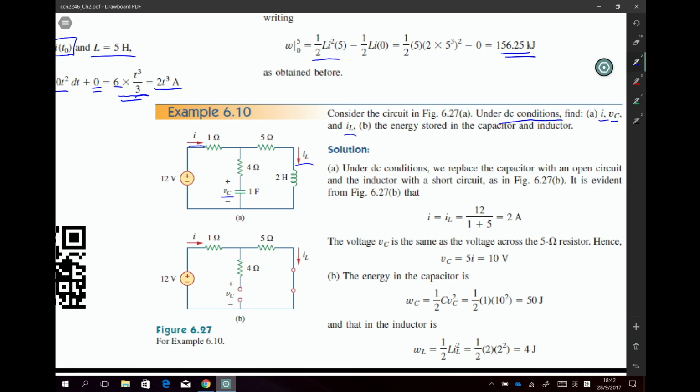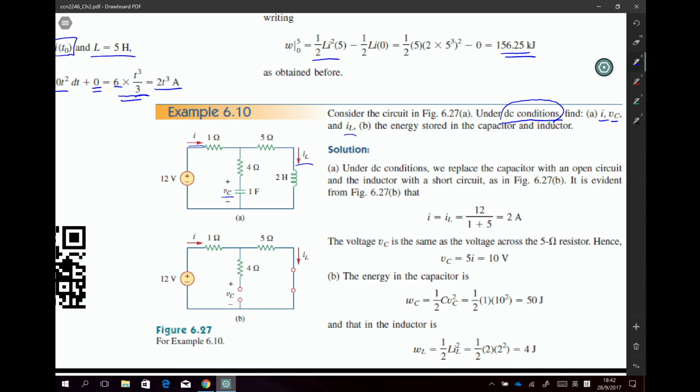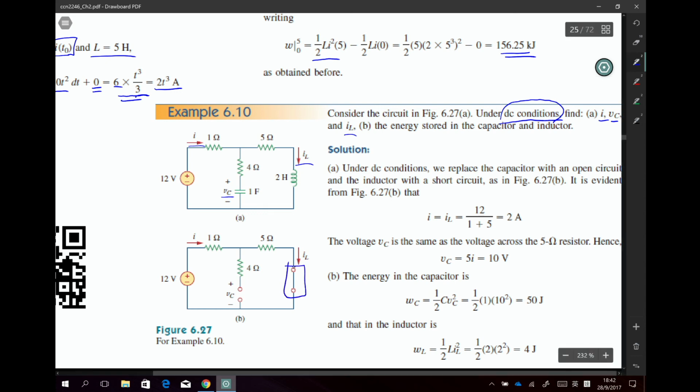Remember that under the DC condition, the capacitor looks like an open circuit. How about the inductor? For the inductor, the current and voltage are not changing. Therefore, the inductor looks like a short circuit.